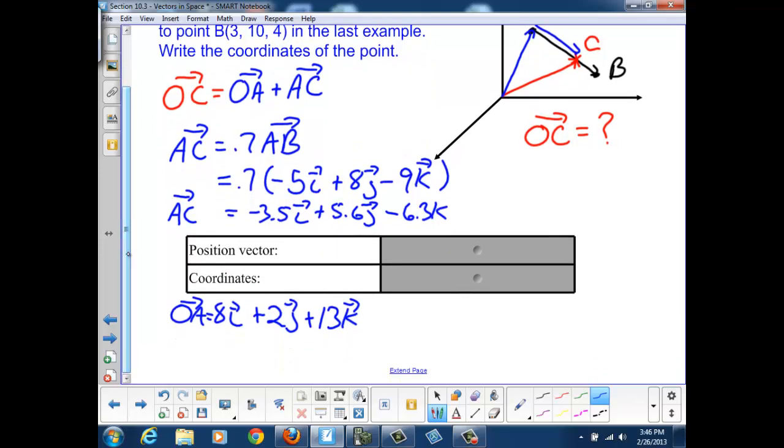So if we're going to add those two vectors together, OA plus AC, that's going to be negative 3.5 plus 8, or 4.5i, and then 2j plus 5.6j, or 7.6j, and finally 13k plus a negative 6.3k, which would be 6.7k.